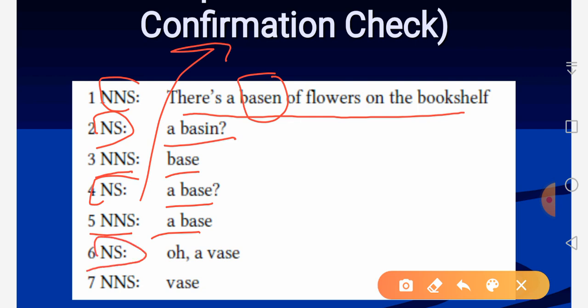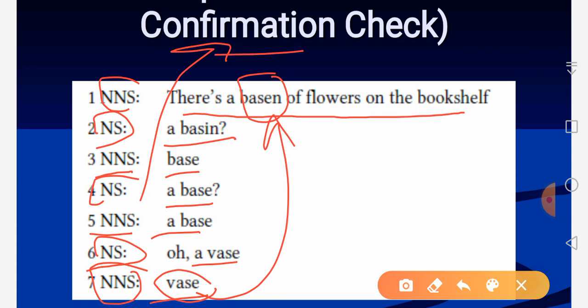The non-native speaker says, oh, a vase. So actually there was a word vase. He wanted to say there is a vase of flowers on the bookshelf. And see, the native speaker didn't correct at the beginning. He or she kept on using confirmation checks.